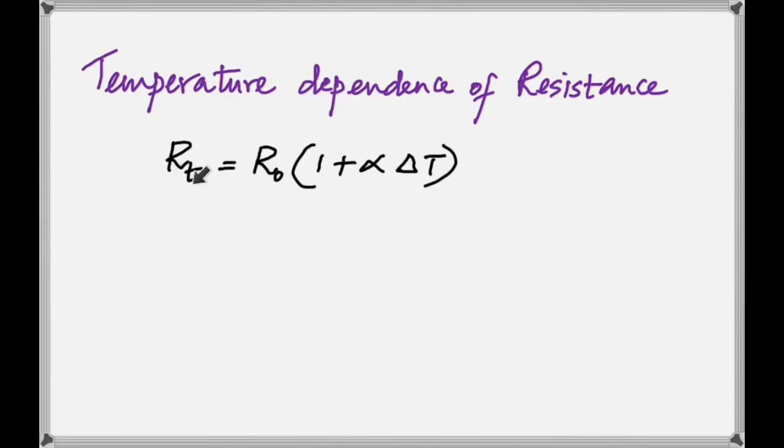And of course, R_T is the resistance at T degrees Celsius. R naught is at 20 degrees Celsius, which is the room temperature. And delta T is the change in temperature. Alpha is called the temperature coefficient of resistance.